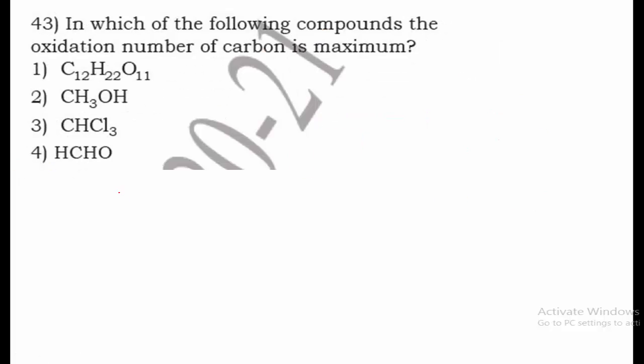43rd, in which of the following compounds is the oxidation number of carbon maximum? Simply, in HCHO the oxidation number will be 0. In CHCl3, the oxidation number is +2.